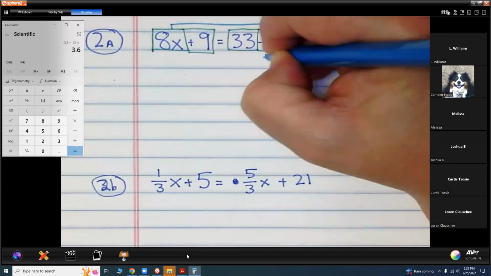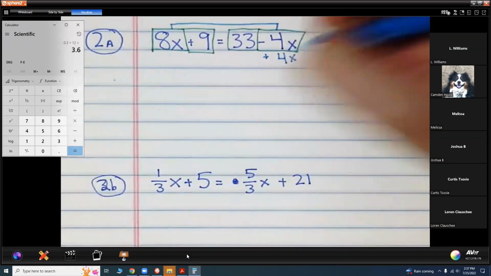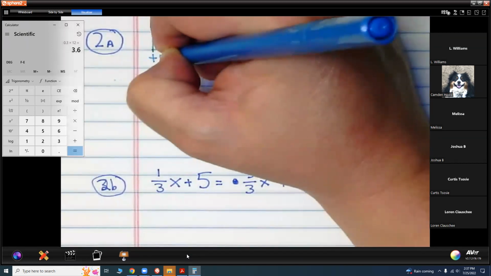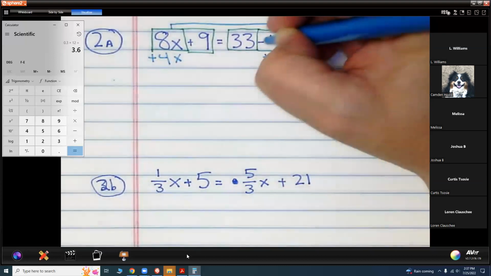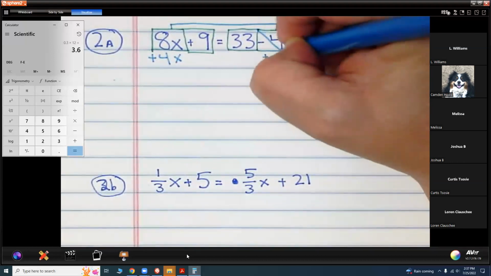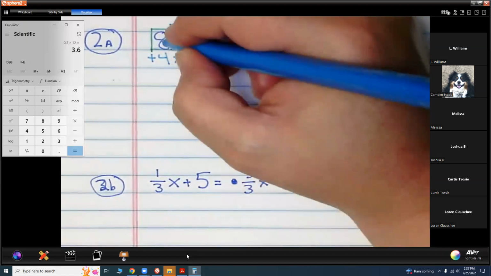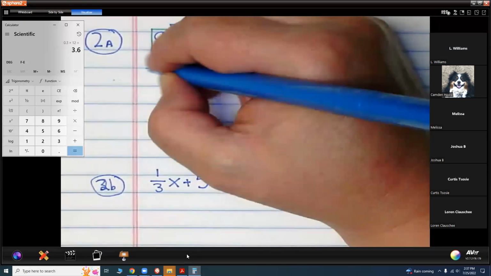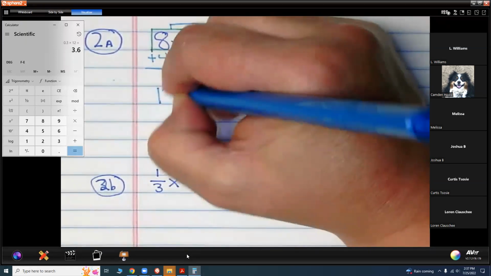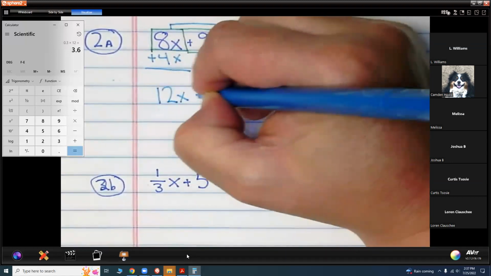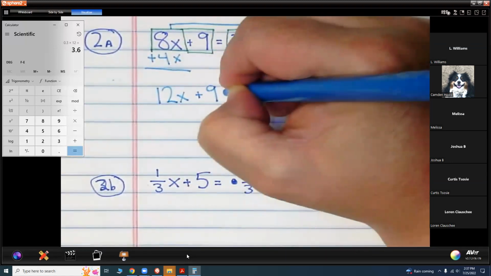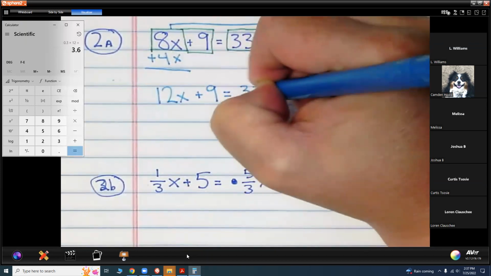So of course, we're going to add 4x to both sides of the equation. Minus 4x plus 4x is 0. 8x plus 4x is 12x. And then everything else just comes down.